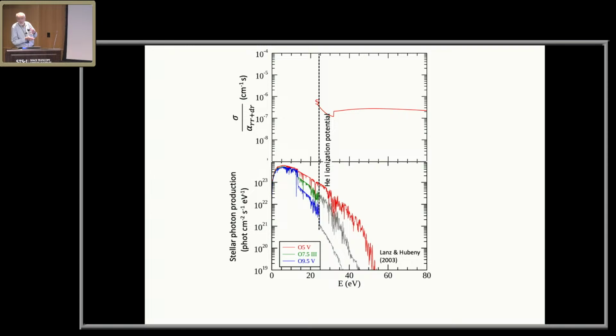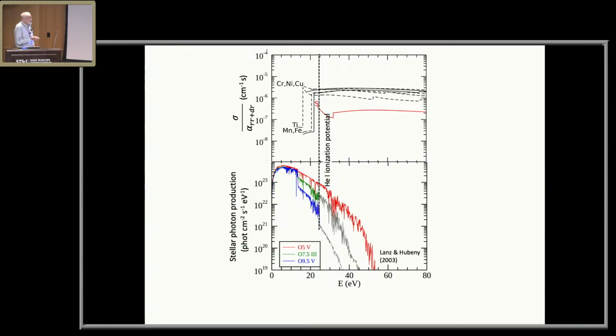What about other elements? Well, if you look at these refractory elements, you can see that they have at least some response below the helium limit and a very high cross-section above the limit. These particular elements are not subject much to contamination from the H II region.